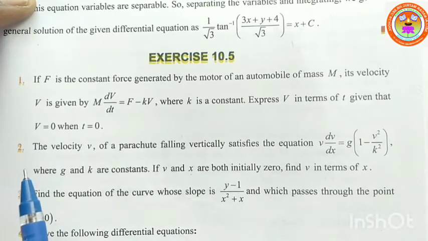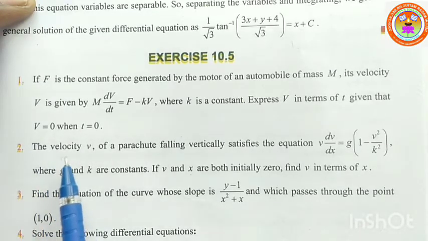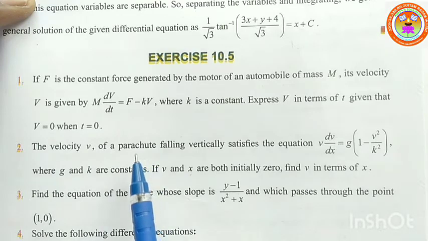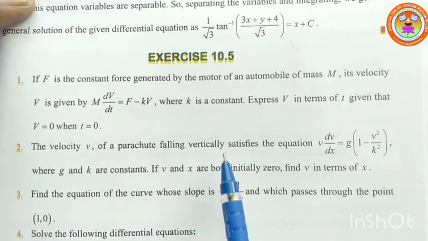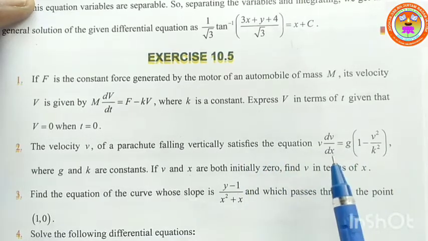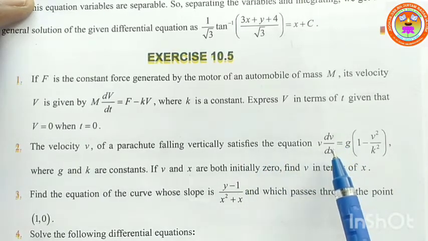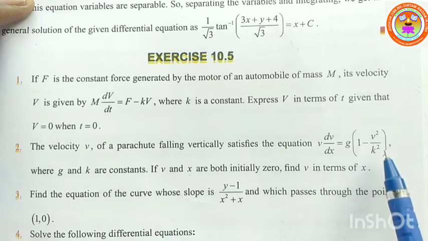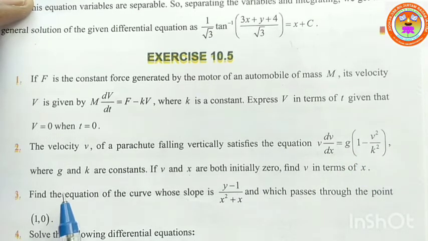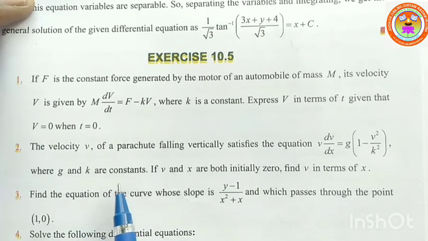Now see the second question. The velocity v of a parachute falling vertically satisfies the equation v into dv by dx equal to g into 1 minus v square by k square, where g and k are constants.